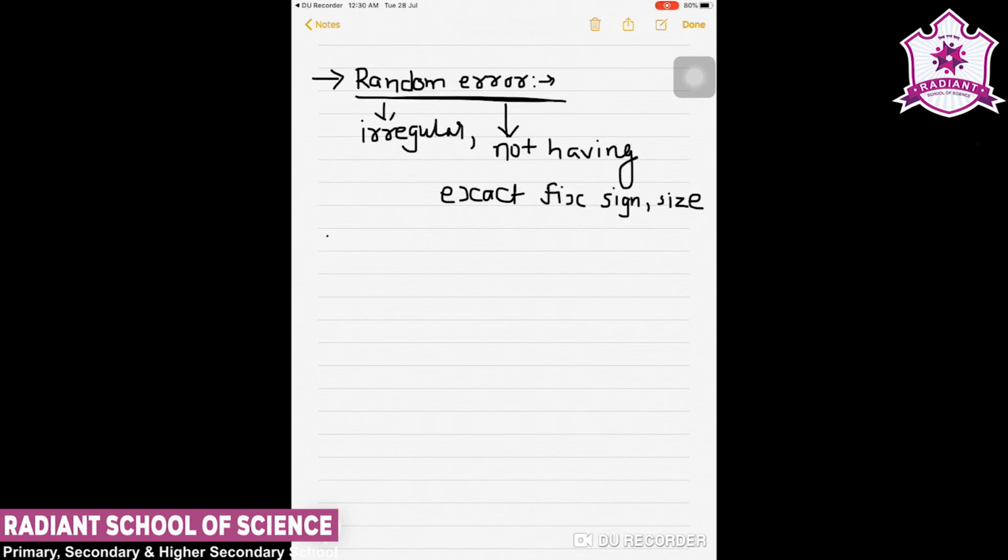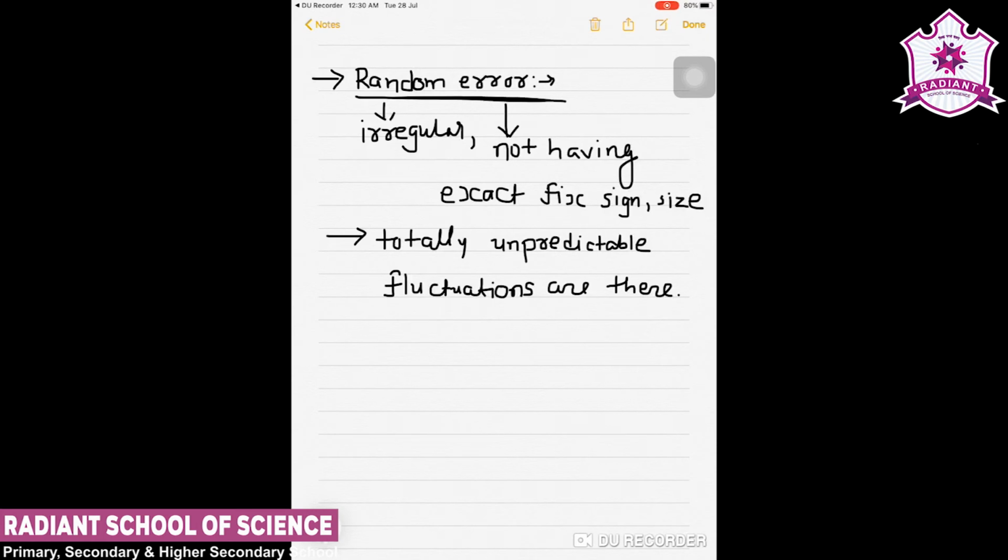So totally unpredictable fluctuations are there in the experiment, and therefore this type of error occurs.